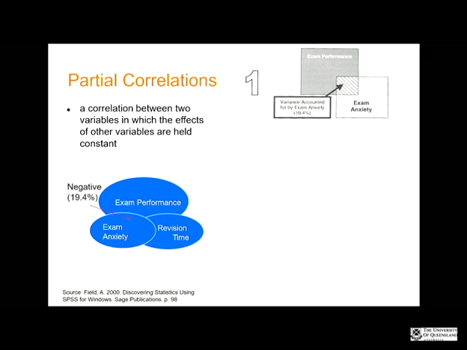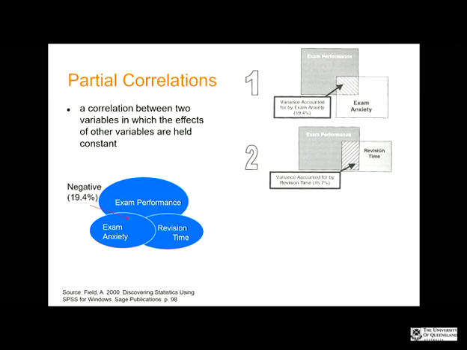The second one, you would then hold the other independent variable, you would hold the other one constant. So you hold that exam anxiety constant, you look at revision time, and you would look at the variance, and the variance here is 15.7%, and then this is what we'll show you in the pracs.